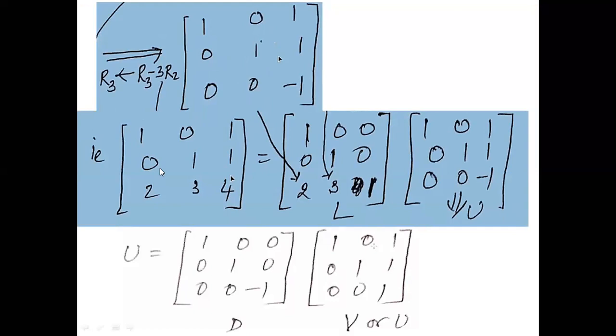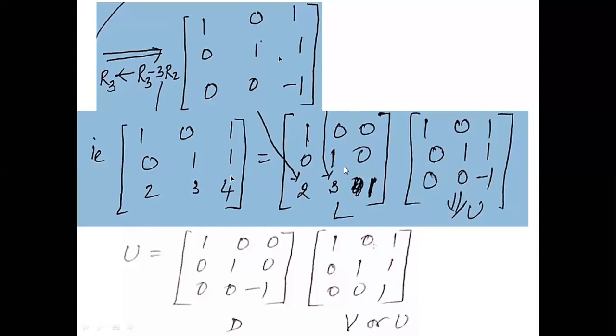So now the original matrix, which is A, can be split into some matrix into U. So once we know the format of U, we have just found out, we need to find the format of L. We know that L is supposed to be a lower triangular matrix.